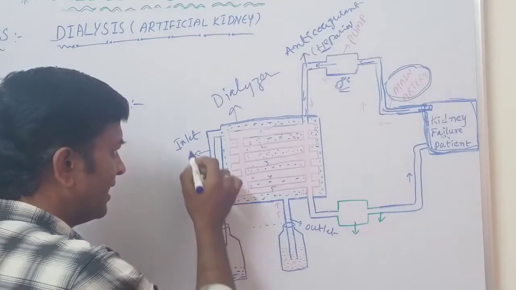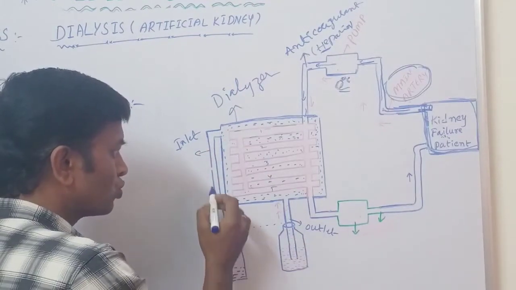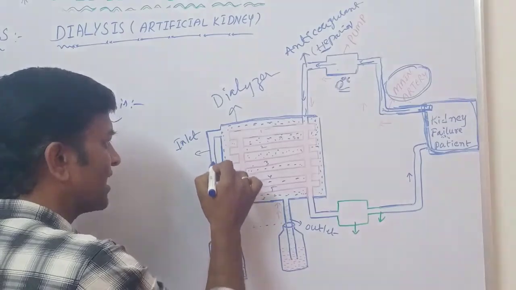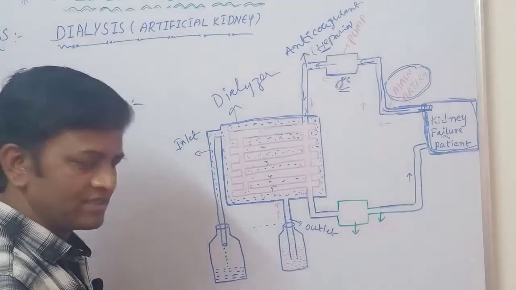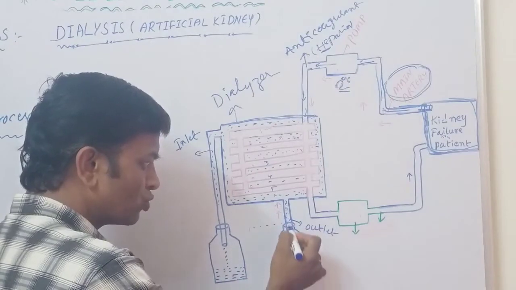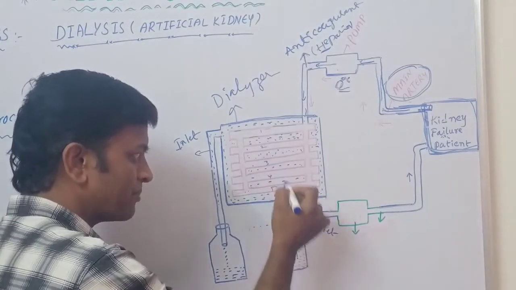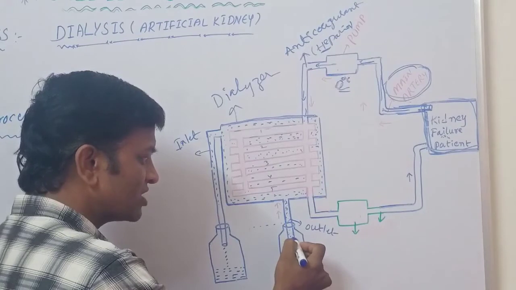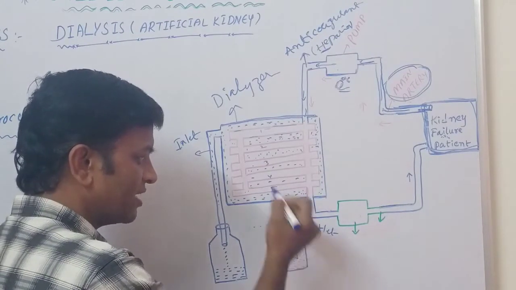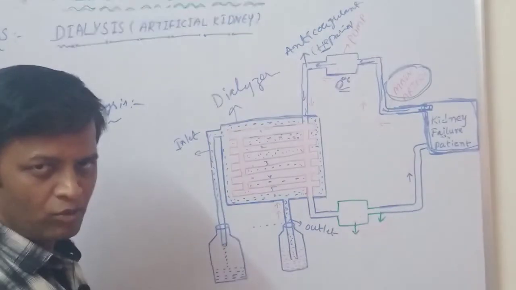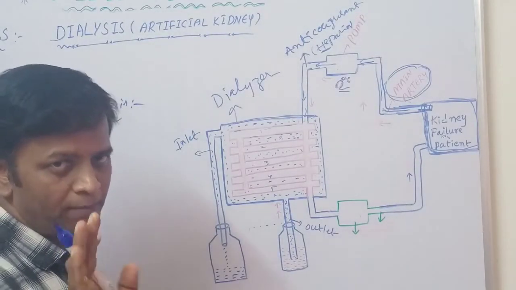Next, here an inlet and outlet are there. Through this inlet, we are sending the dialyzing fluid continuously into the dialyzer. Through the outlet, the waste materials separated from the blood are sent out and collected in a bottle. So this is the structure of the compartment.